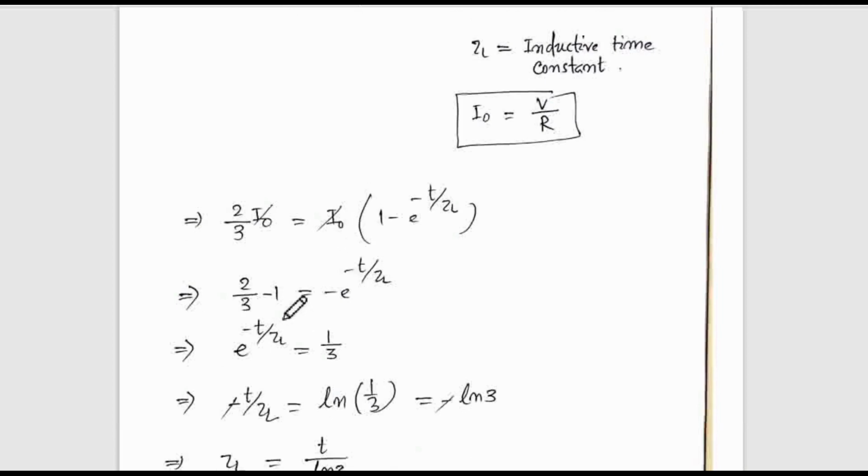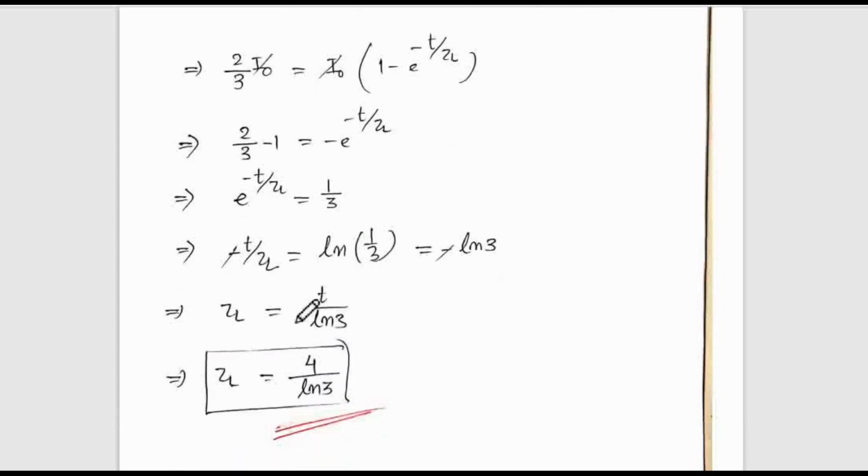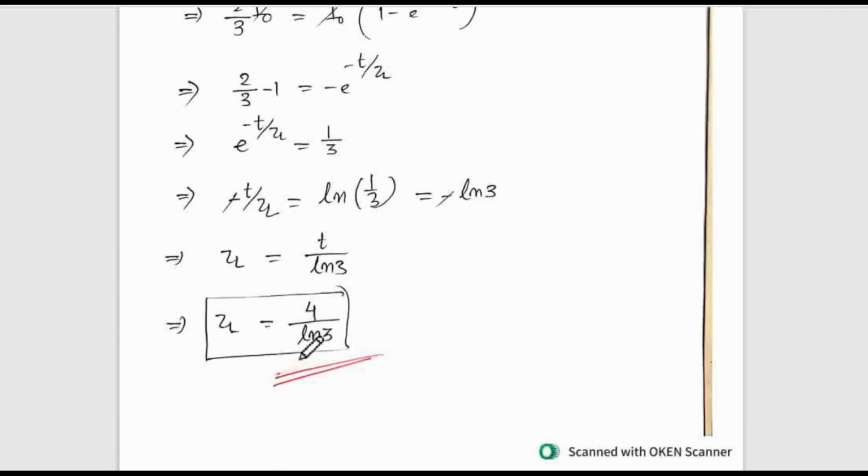If you put in those values and solve, you will get tau L equal to 4 by ln 3.